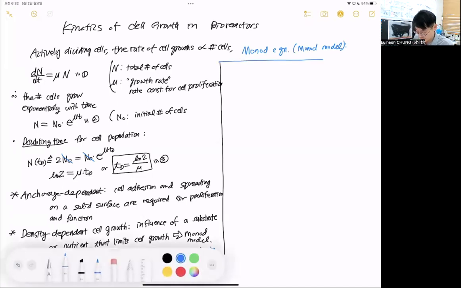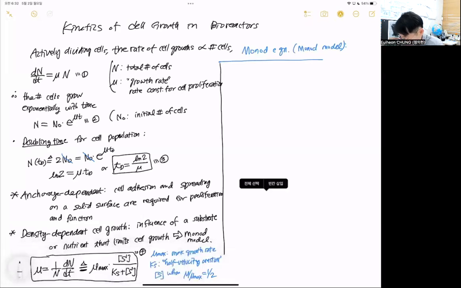Okay, so here, in the Monod equation, mu max and K sub S are really empirical parameters.